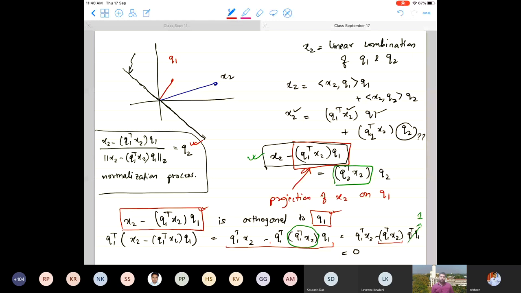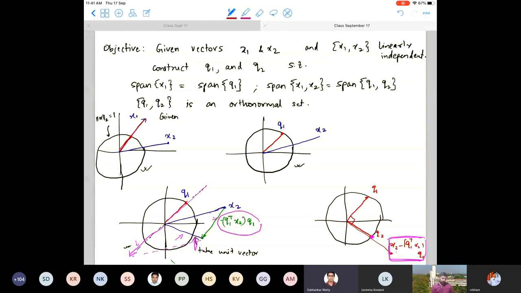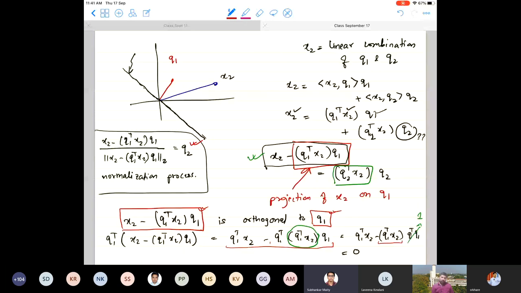Sir, I have one question. If I ask geometrically, you have said that x2 minus q1 transpose x2 into q1 is the projection. In this slide, this part is the projection of x2 on q1, right?